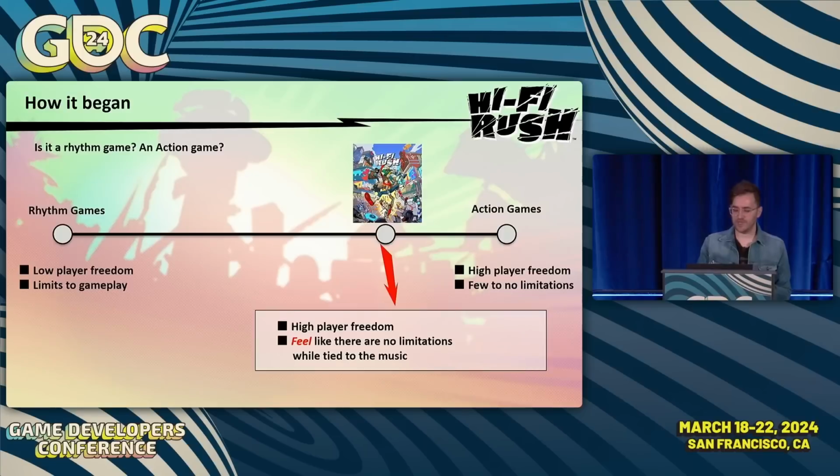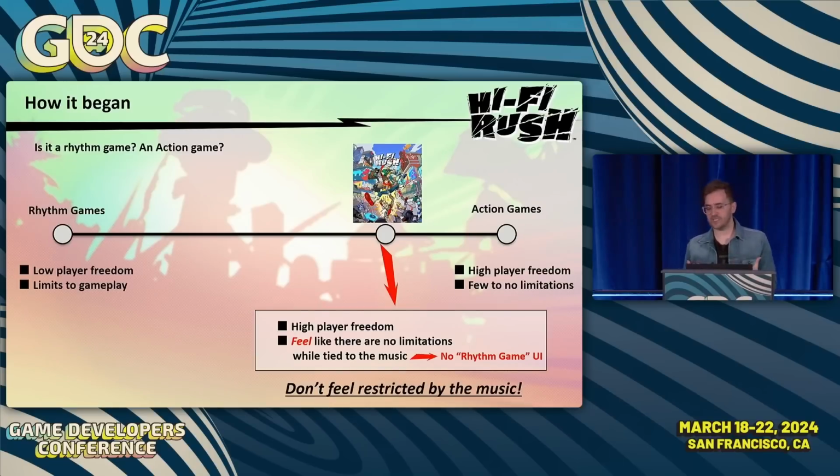And for that, I wanted specifically there to be no UI telling you where to play. There would have to be a natural cadence to gameplay where everything would just work in tandem with the music. The goal being that music coordination wouldn't feel restrictive, but actually enhance the action elements.